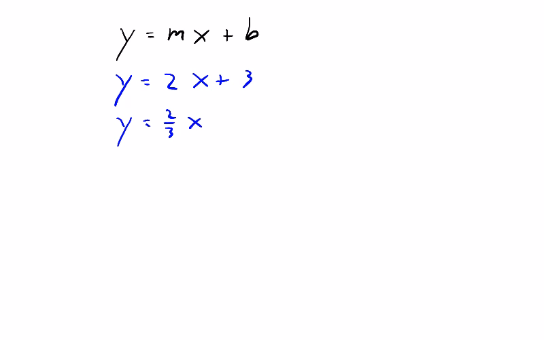2/3 x minus 1. So in each of these cases, we've taken a generic expression for a line and we've substituted in actual numbers for m. We'll see later that that represents the slope. So in the first example, the slope is 2. In the second example, the slope is 2/3.